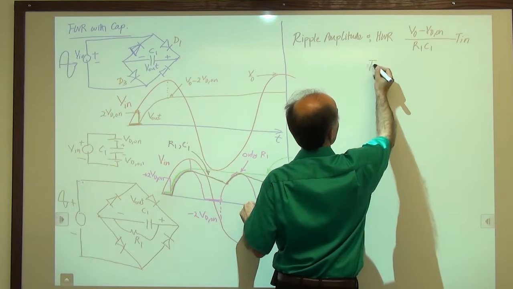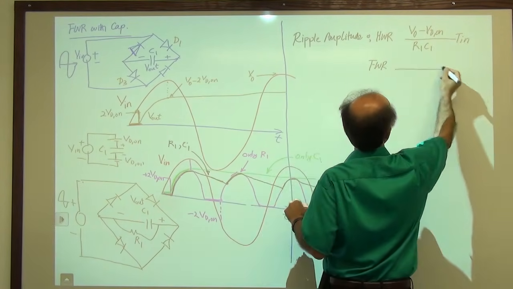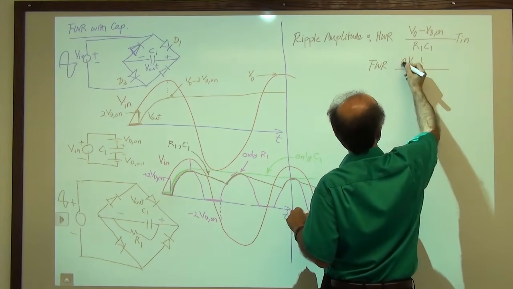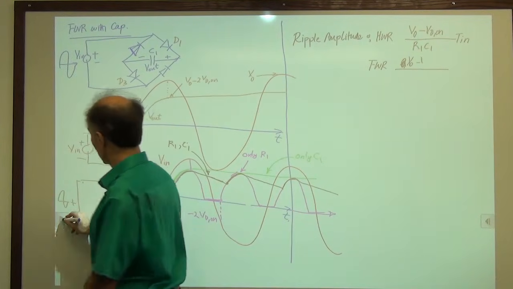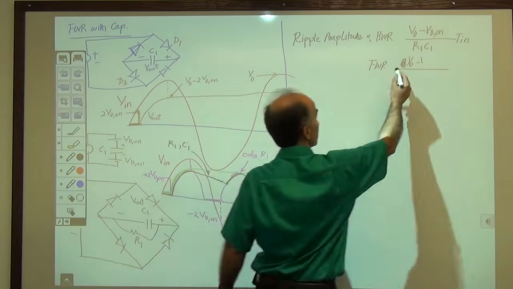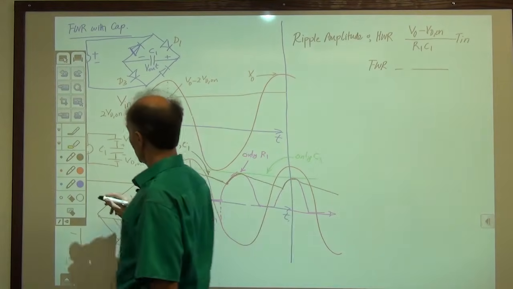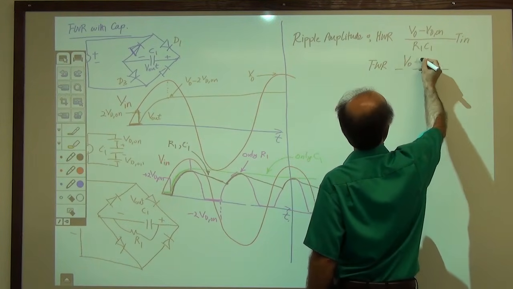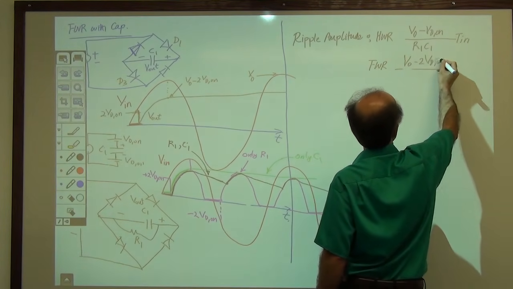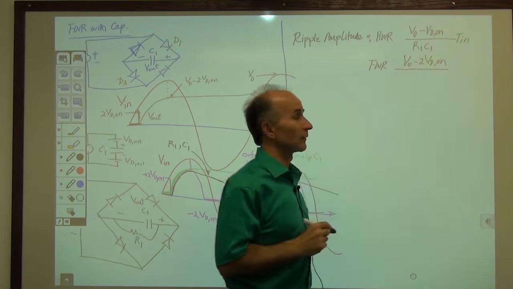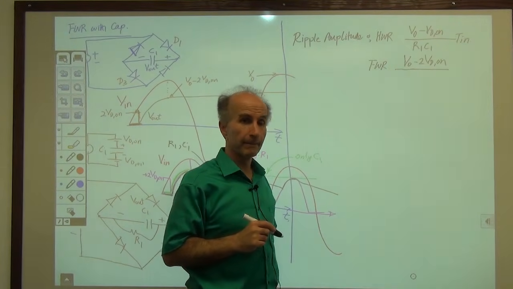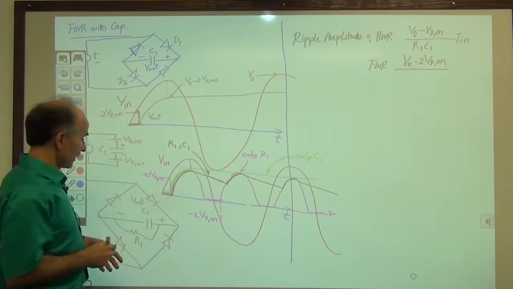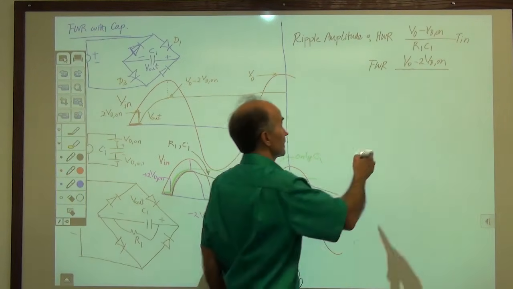So it should be V0 minus 2 VD on. All right. How about R1 C1? Well, that doesn't change. We have the same type of resistor and capacitor, so they stay the same.